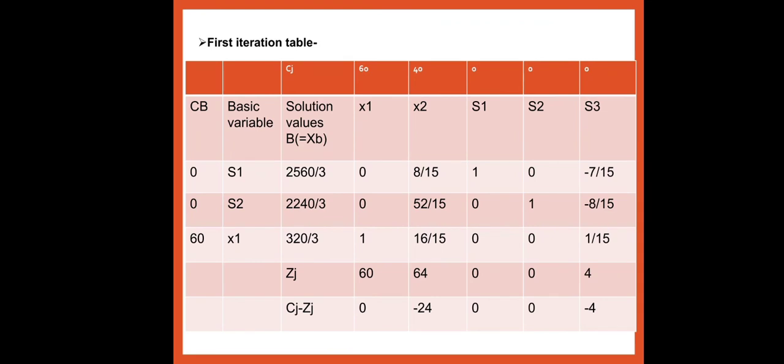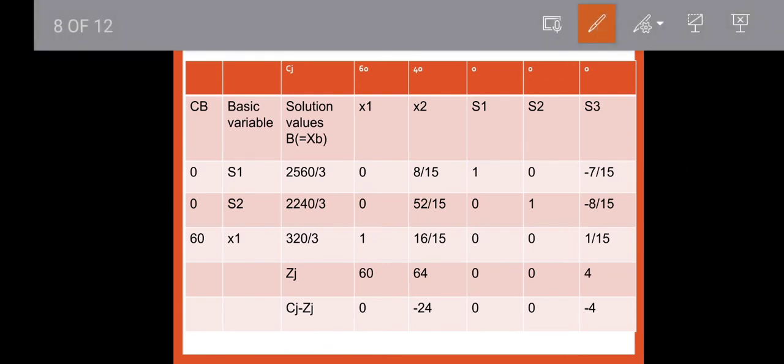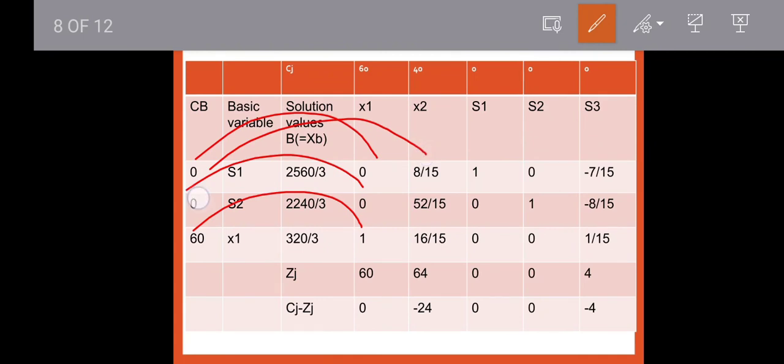And 2240 divided by 3. With the help of this, we are going to find Zj minus Cj. Zj: 0 into 0 plus 0 into 0 plus 60 into 1, we get 60. Then in the same way, 0 into 8 divided by 15, 0 into 52 divided by 15, 60 into 16 divided by 15, we get 64.